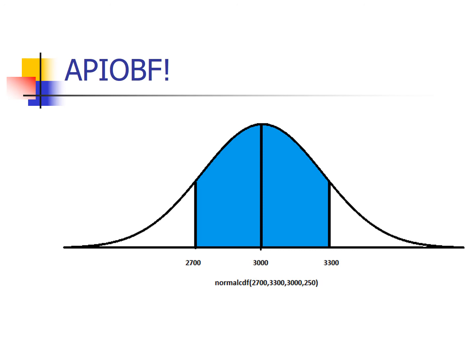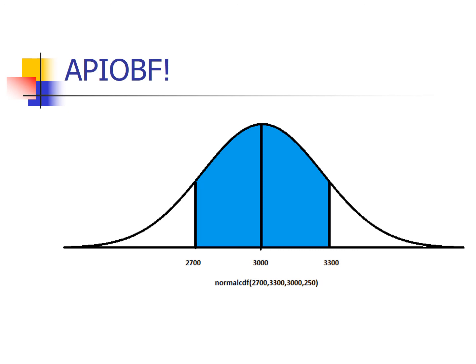Well, we know that we can find normal probabilities with the normal CDF function. So it's normal CDF lower. The lower number is that leftmost bound. When you look at your area and you see where it's bounded, the area is going to be bounded to the left, bounded to the right. The leftmost or lower bound, that's your first number. In this case, it's 2,700.